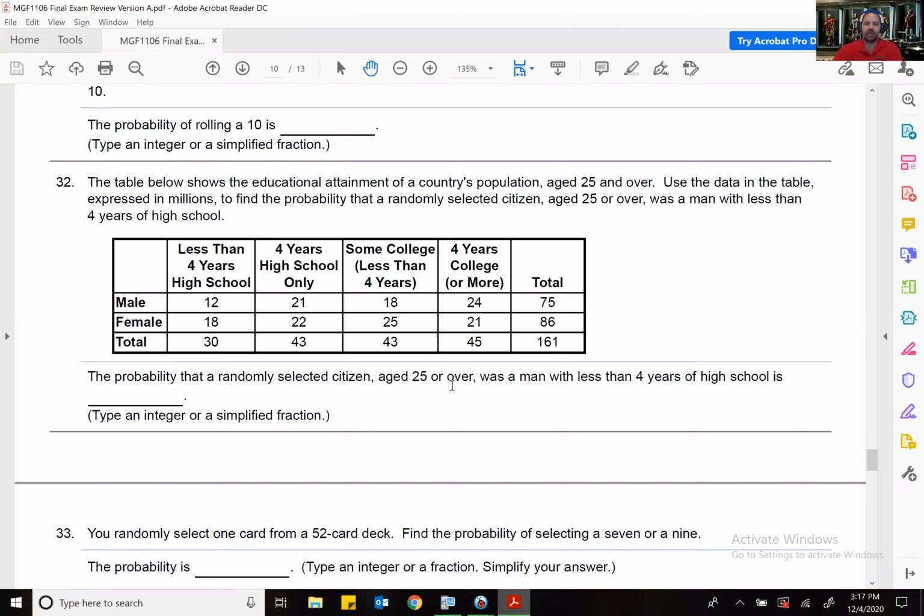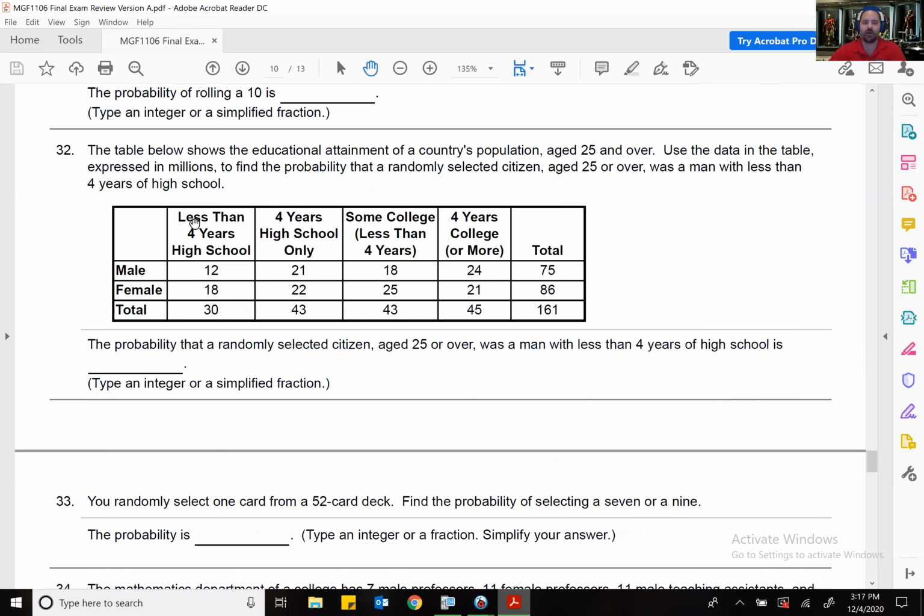So how many men have less than 4 years of high school? 12. It's right here. 12 men, less than 4 years of high school. That's our numerator. Out of how many people total? 30? Not 30. 161, right here. This is the total number of people we talked to. If you did the 30, then you're only talking about those with less than 4 years of high school.